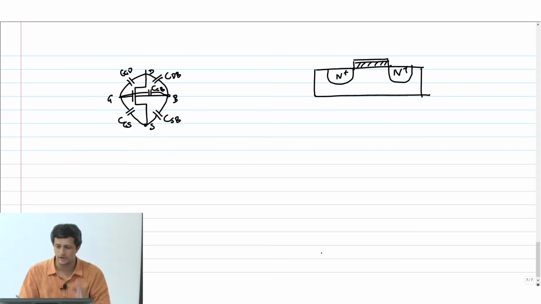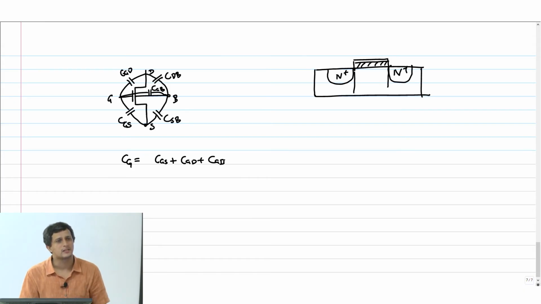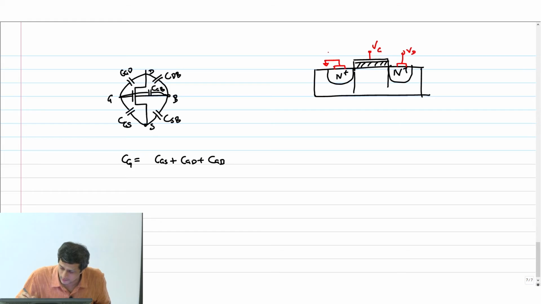Wherever this diffusion finishes, exactly there the gate will start. Therefore the total gate capacitance CG is basically just CGS plus CGD plus CGB. I am writing this as 3 components because when you go into the saturation region, suppose this is my source and this is the drain, VD, VG and this is VS, and body is also grounded.